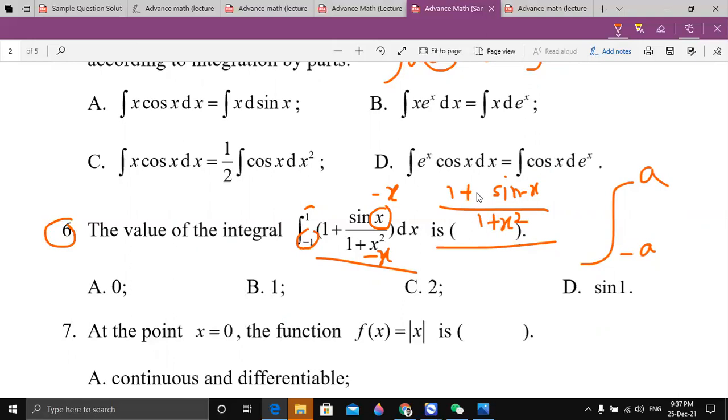So 1 plus sin of minus x will be 1 minus sin x, or we can write it like minus sin x. So we are not thinking about this one, okay? We have to think of this sin x by 1 plus x square. So if I input minus x instead of x, it will make something like minus sin x by 1 plus x square.